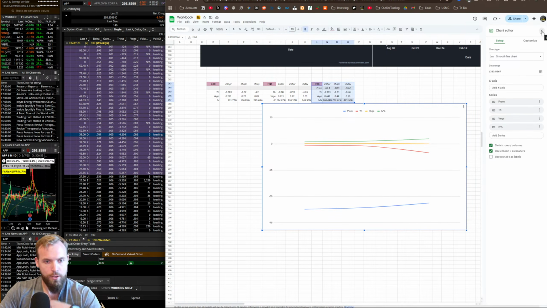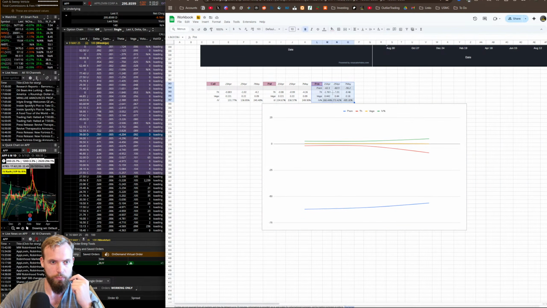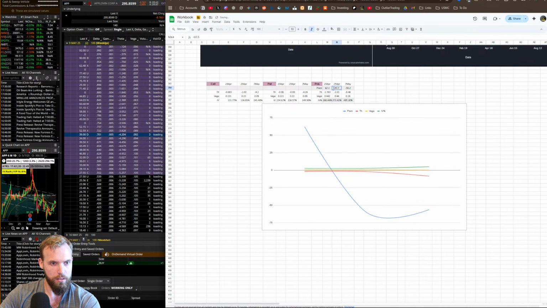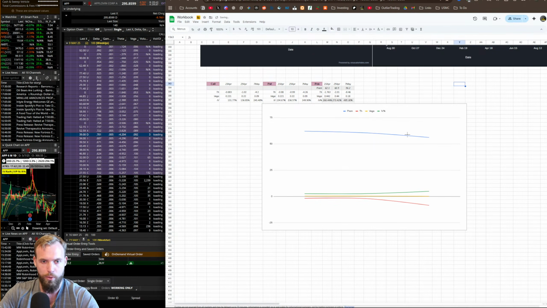So here's essentially what's happened over the life cycle of this trade. Now, in this case, I'm going to get rid of the negatives just so that it's not confusing you, misleading you. So the premium is actually contracting here.